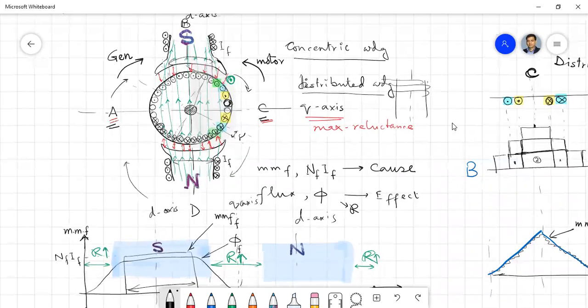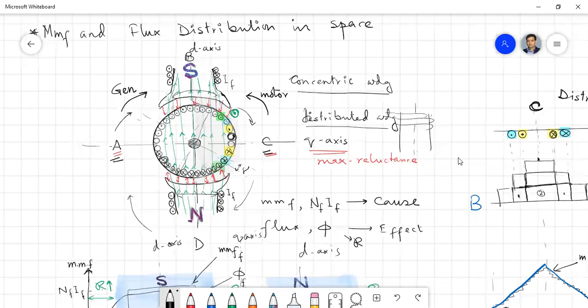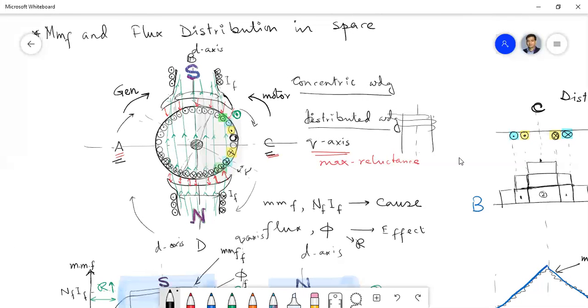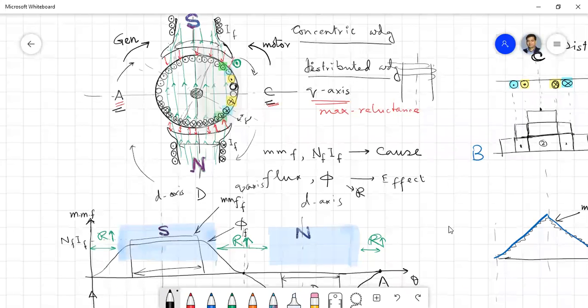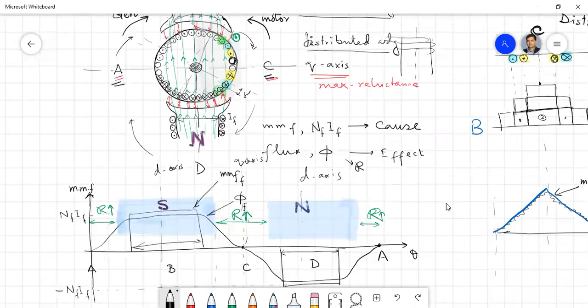If we recap this discussion, we should remember that the winding we use for the pole, the field winding, is basically a concentric winding, just like a transformer, and therefore the distribution is flat top. So the flux distribution is flat top, though the MMF distribution is rectangular.